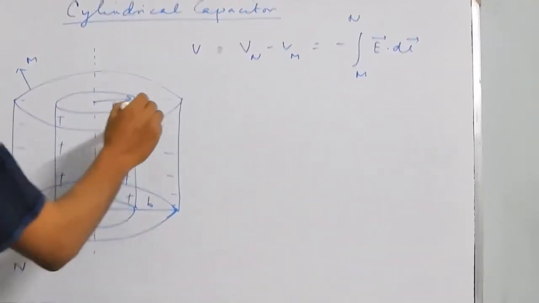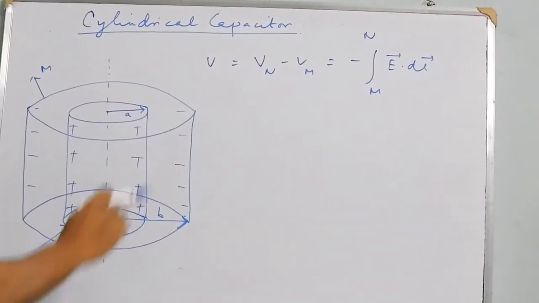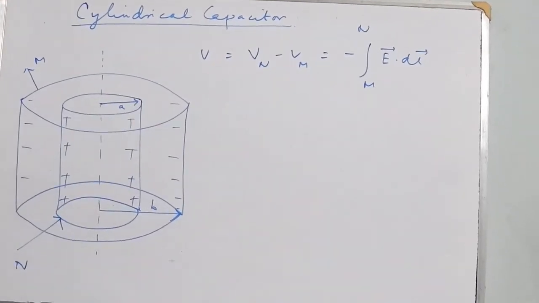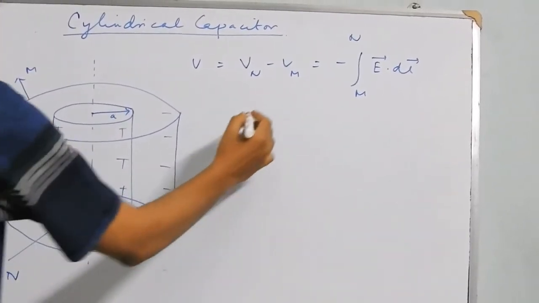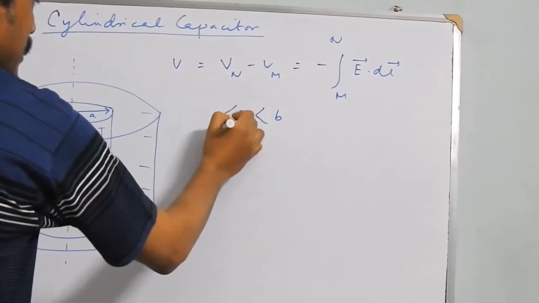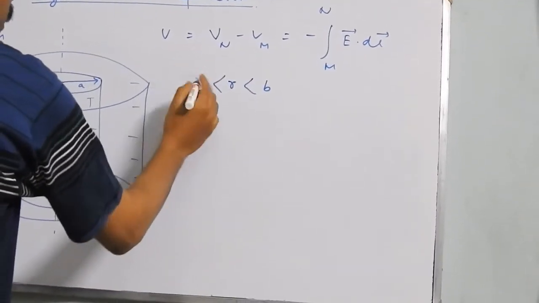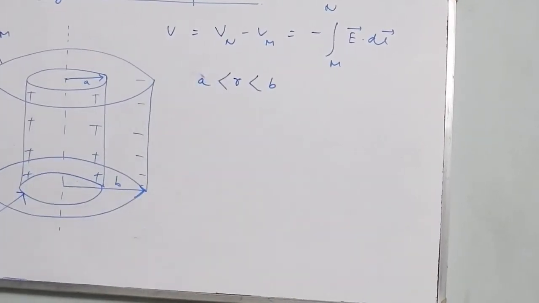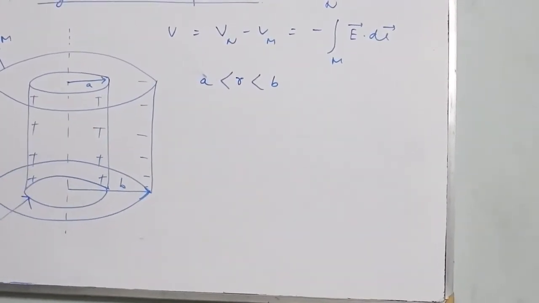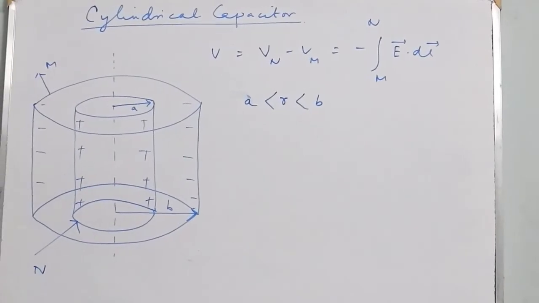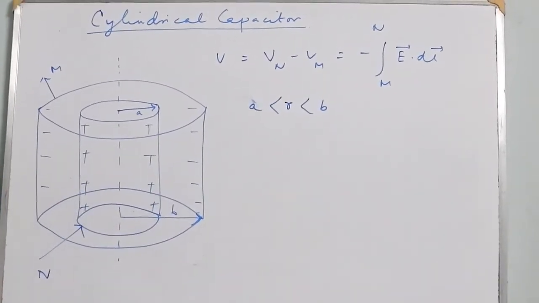So the Gaussian surface will be a cylindrical shell of radius r such that r will be less than b but greater than a. So we have to calculate E vector in the region between the inner solid cylinder and the outer cylindrical shell.